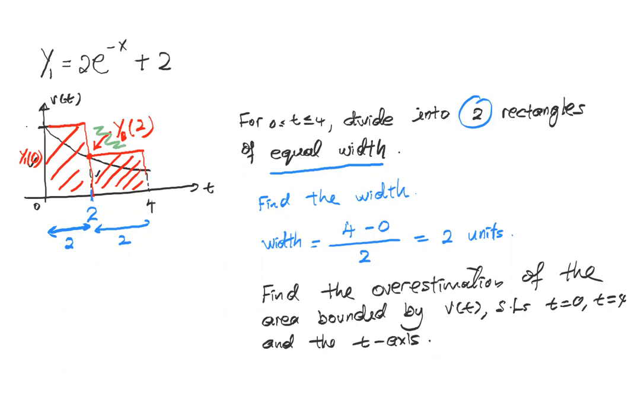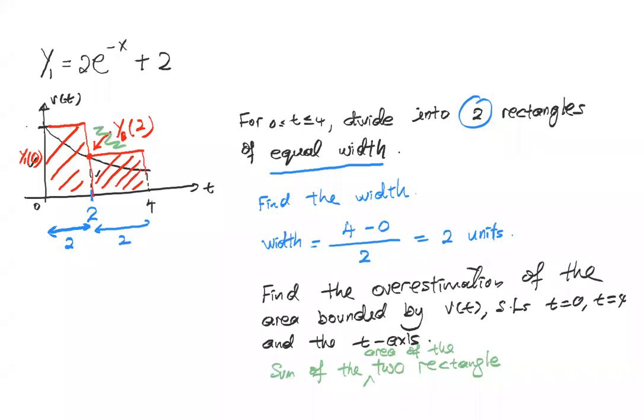Am I right? So am I making a better approximation now? Yes. So can you find the area of these two rectangles? Okay, so my overestimate will be the sum of the area of the two rectangles.